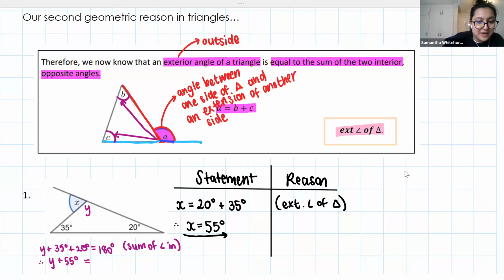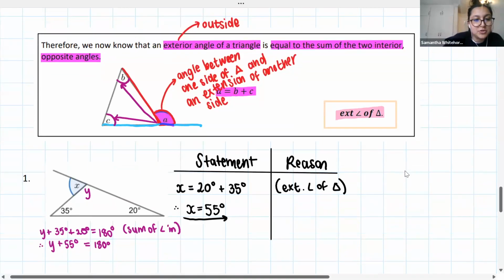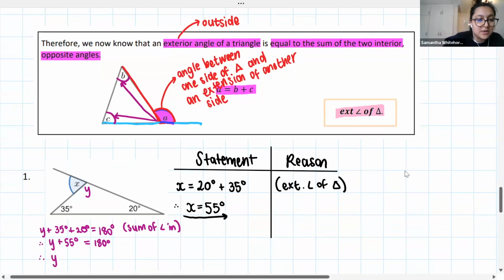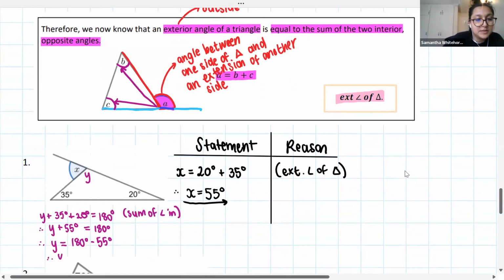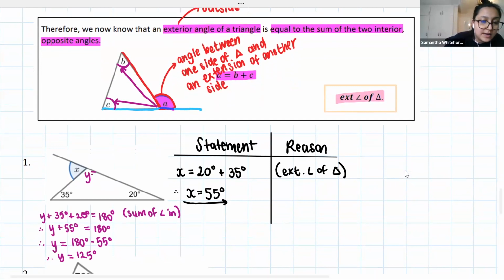So y plus 55 equals 180. If we now subtract 55 on both sides, we get that y is equal to 180 minus 55 degrees, which gives us 125 degrees. Okay, so this angle y that I've just worked out is 125.